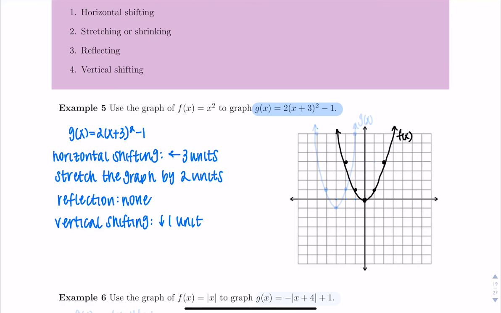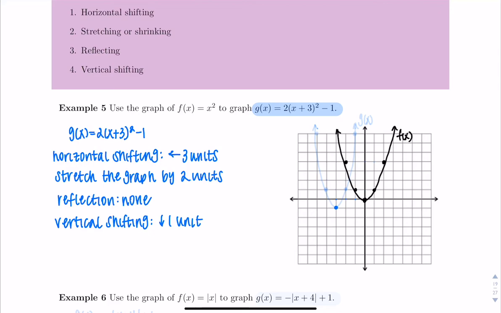Then you're going to stretch the graph by 2 units. So we're going to multiply our y-coordinate by 2. But because our y-coordinate is 0, it's not going to move. We're not reflecting it at all. And then we want to shift it down 1 unit. So our new origin is at the point -3, -1.